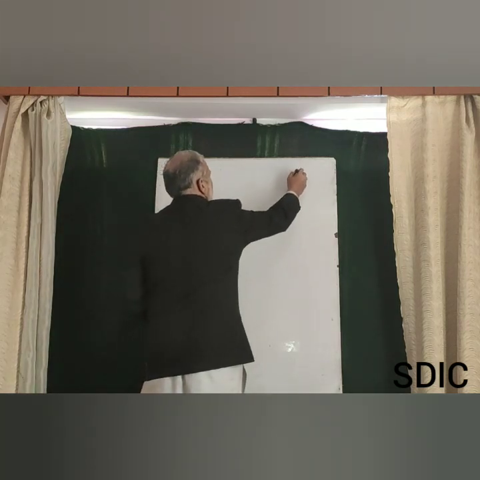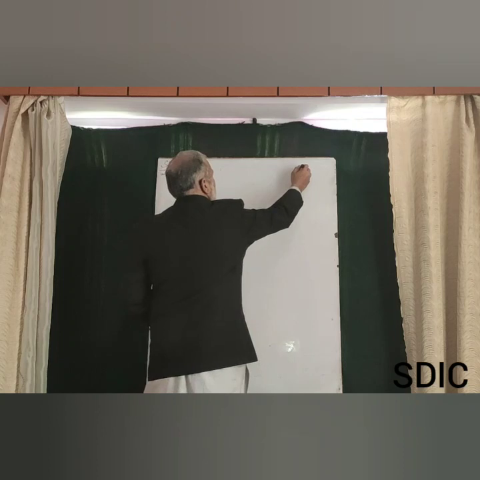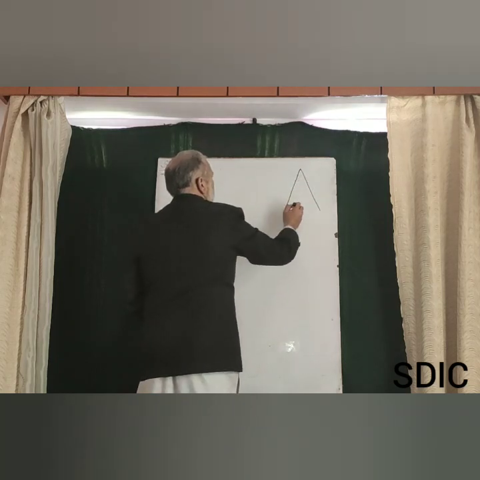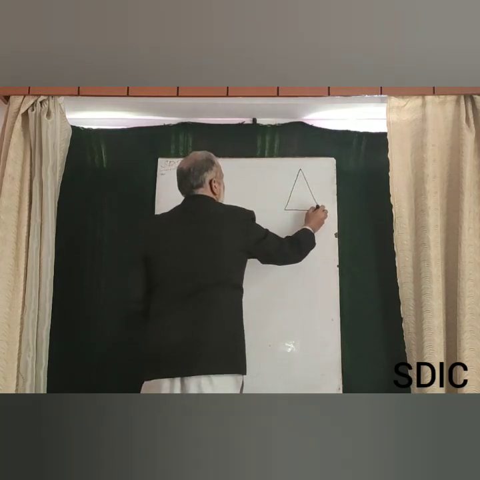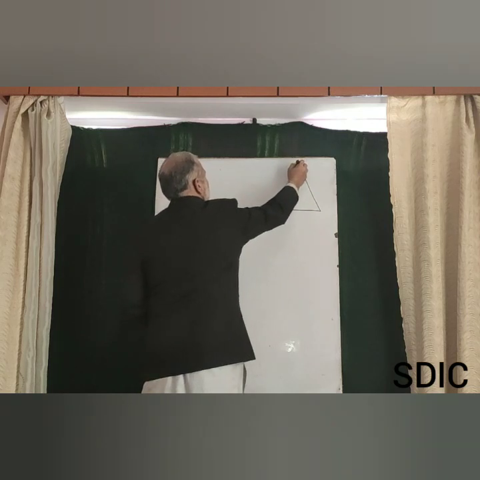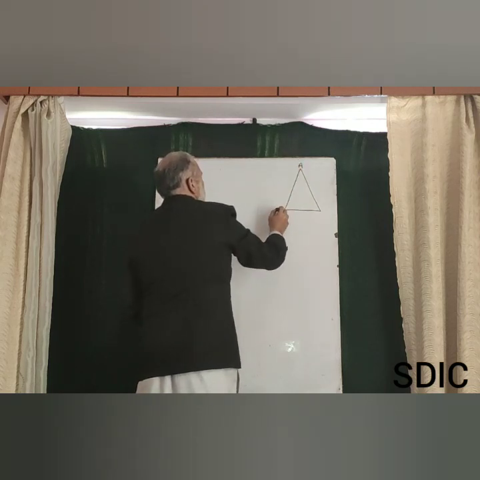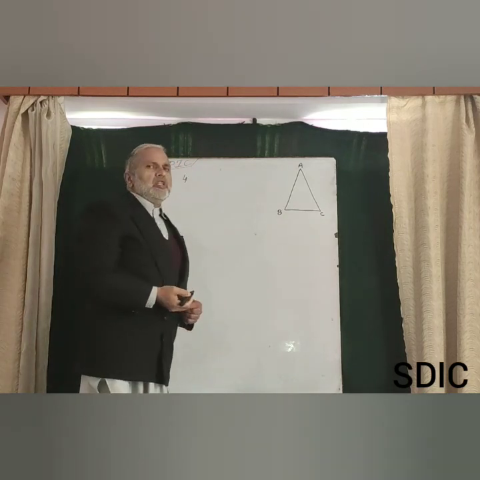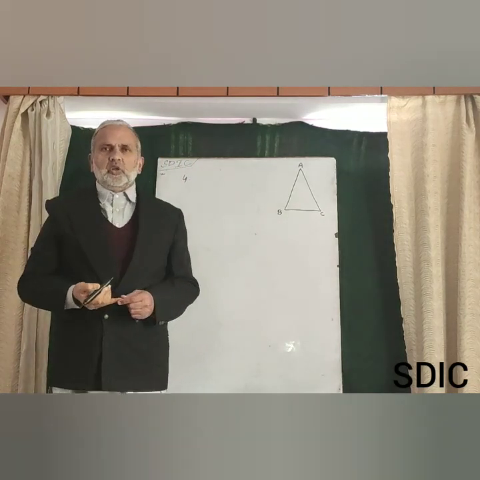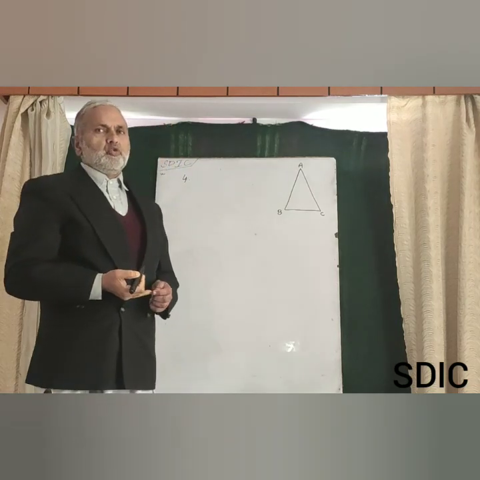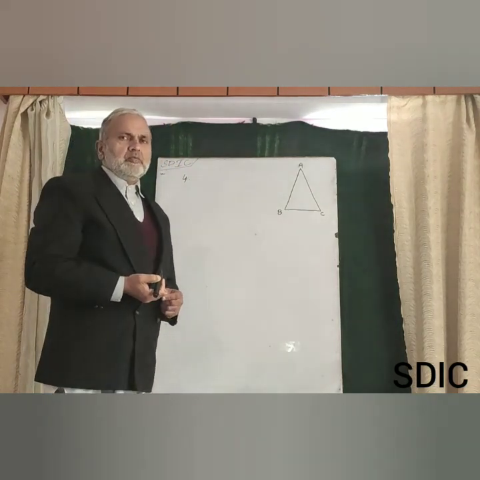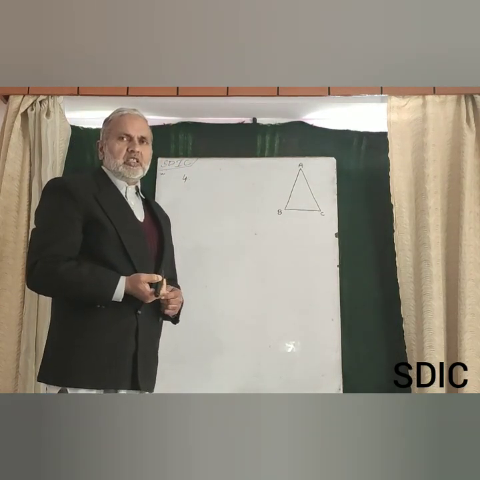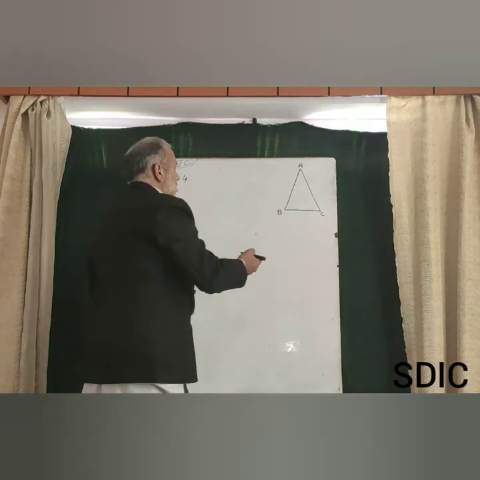In this we have again a triangle. You can see from the textbook the information that is given to us. ABC is the triangle. This time it is not given that it is an isosceles triangle. Two sides are equal, it is not given to us. We have to prove that two sides of this triangle are equal, that it is an isosceles triangle.